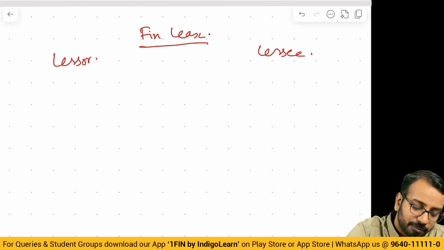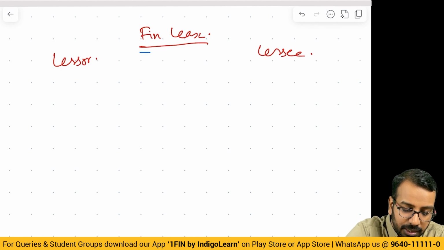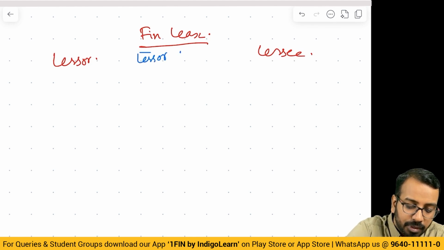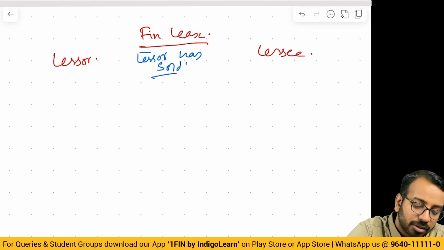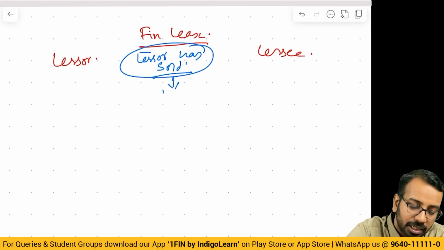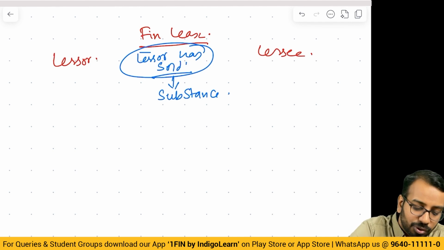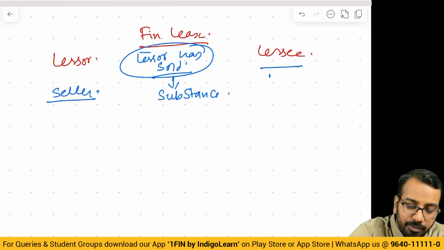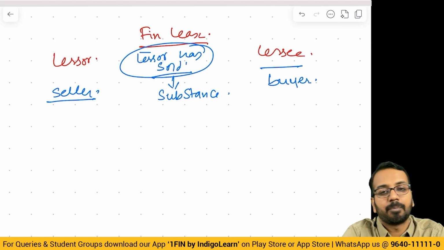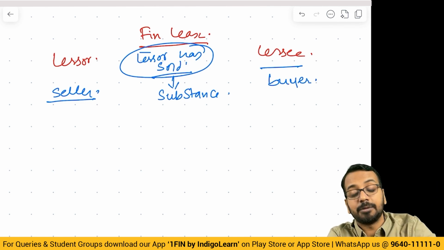So in substance, the lessor has sold, actually it has not sold, but in substance lessor has sold the asset to the lessee. So now lessor becomes seller, lessee becomes buyer.